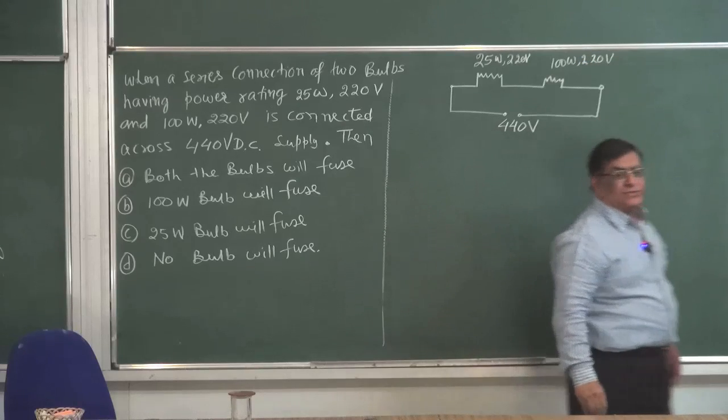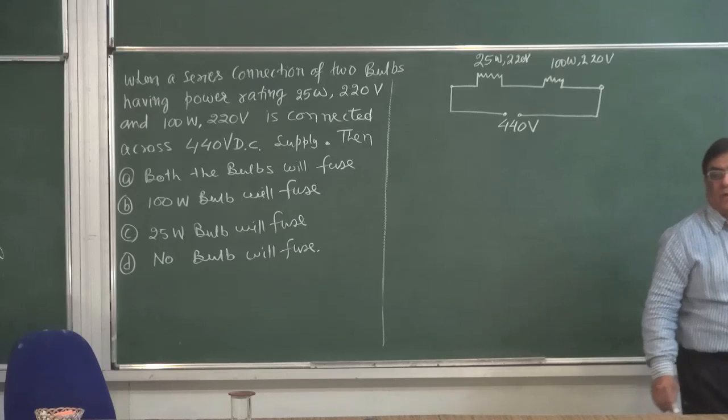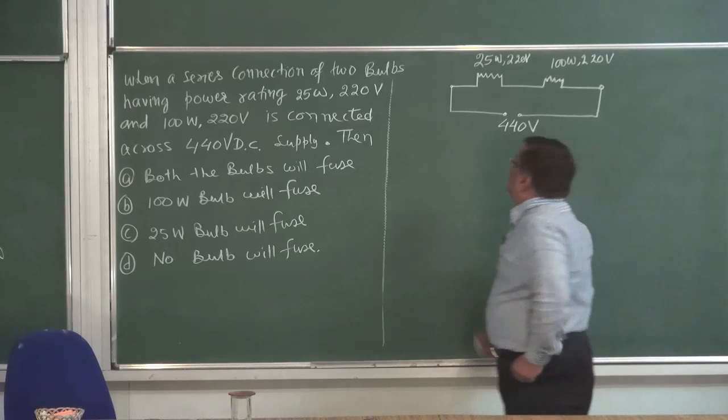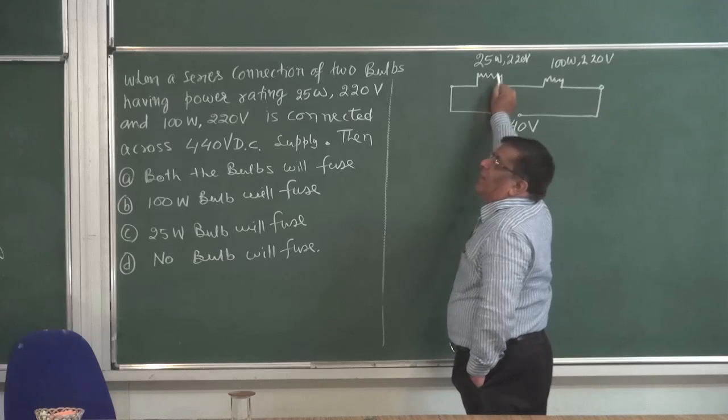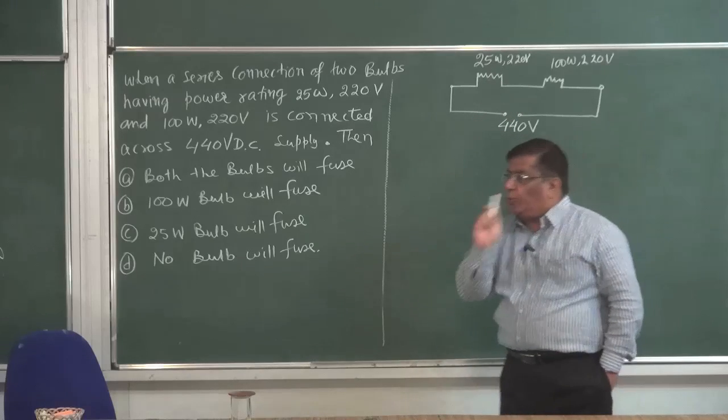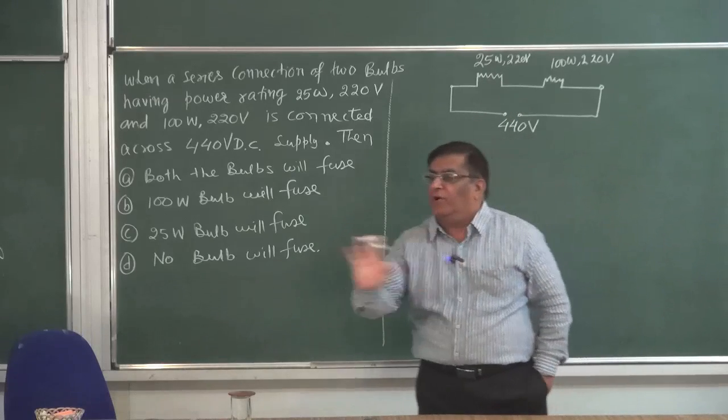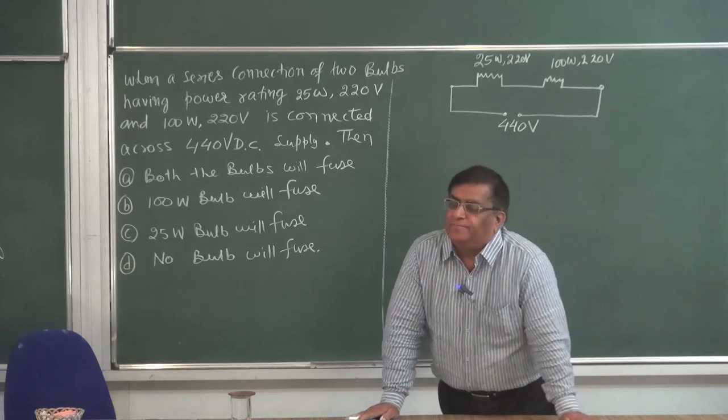Okay, now what do you understand by rating? Rating of a bulb means if we give 220 volt here, it will give us a power of 25 watt. But if we don't give it 220 volt, it will not give 25 watt.